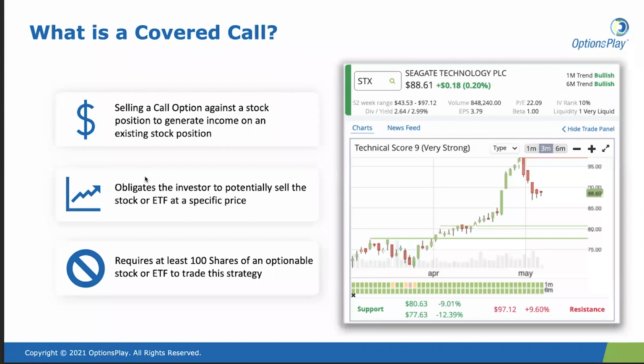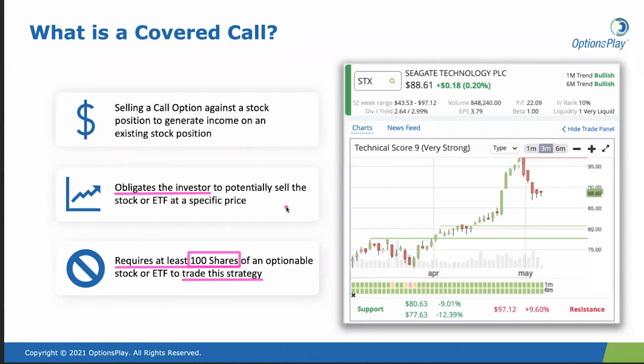And as we go through the examples, things will make a little bit more sense. But this is a strategy that requires at least 100 shares of a stock that has options on it in order for you to trade the strategy. The reason is that every time you sell a covered call, it obligates you to sell that particular stock at a specific price, and each contract that you sell obligates you to sell 100 shares of that stock.